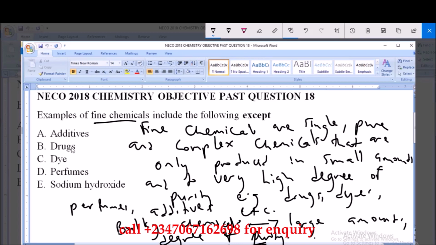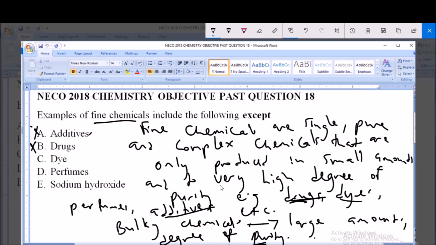So let's look at the options. Additives, we have listed additives as an example of a fine chemical. So an additive is a fine chemical and hence it's not the answer to this question. Now, drugs is the first example we listed as an example of a fine chemical, so it is not the answer.